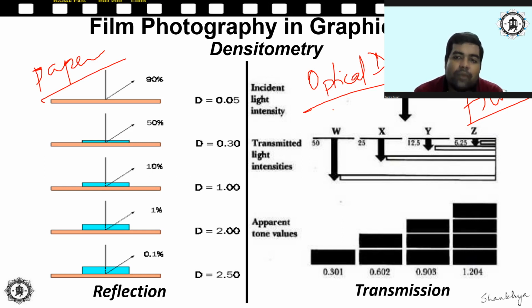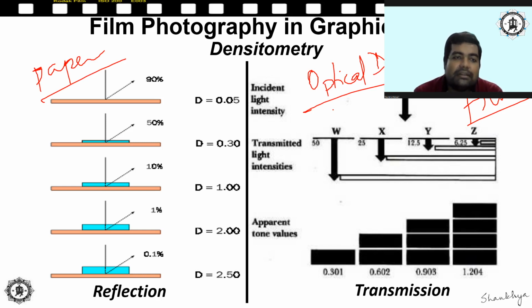Now, what is the one basic difference between the nature of the substrates that I have just talked about? That is, one is paper, another is film. So what is the one fundamental difference between the two?